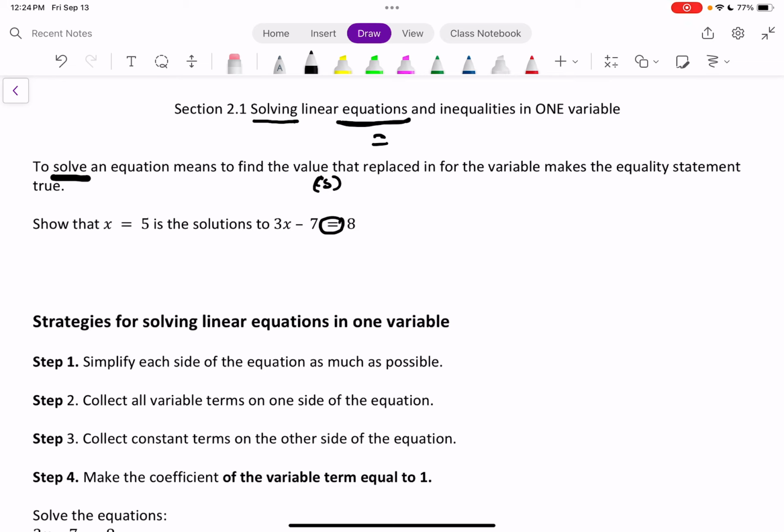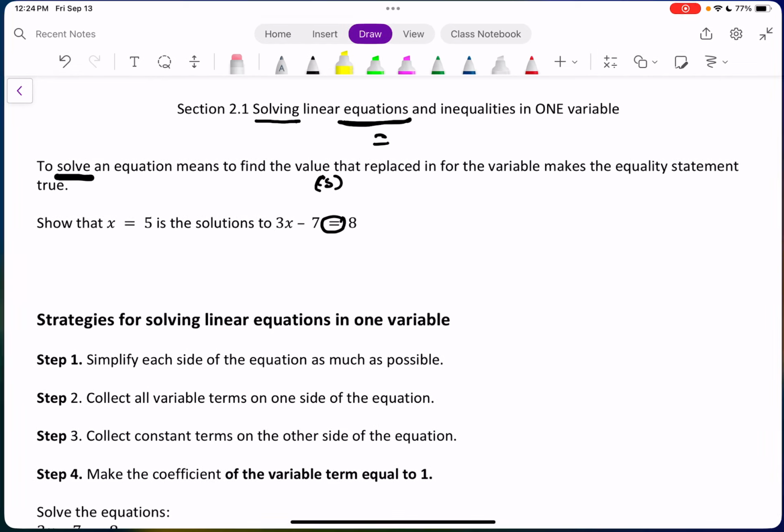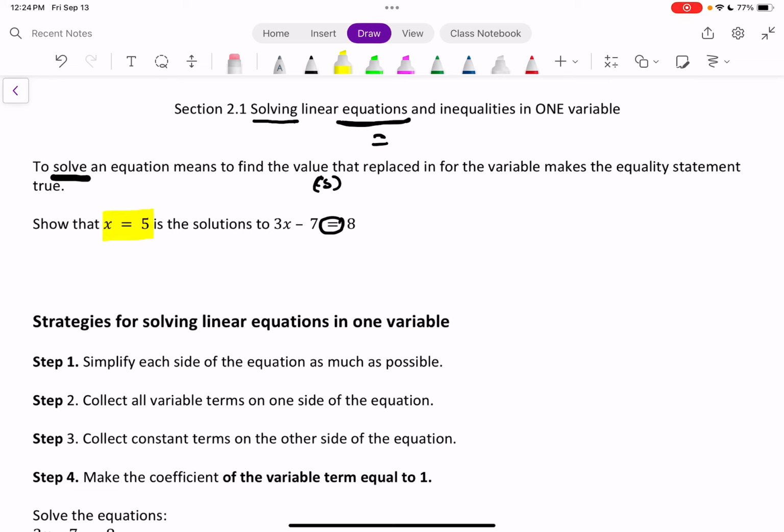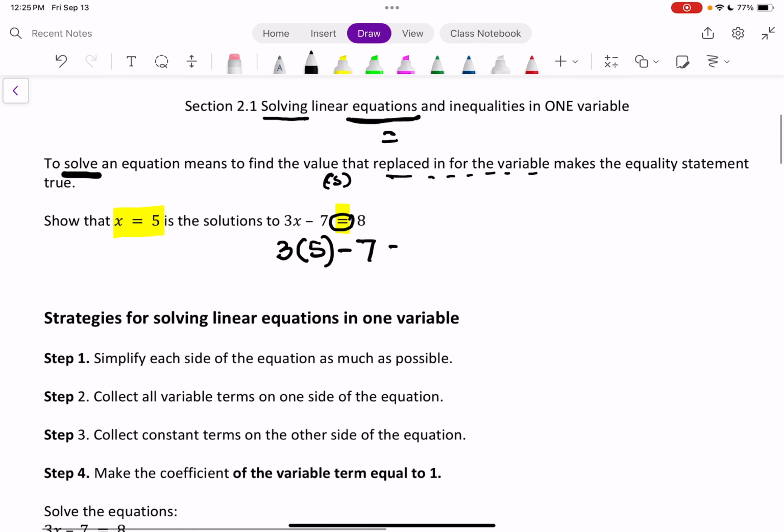So for example, let's jump immediately here, show that x equals 5 is a solution to this equation right here. So what does it mean that x equals 5 is a solution? That means that replaced in for the variable, so if we plug in a 5 in place of x, we should be getting the same number on both sides. In other words, we have an equality statement.